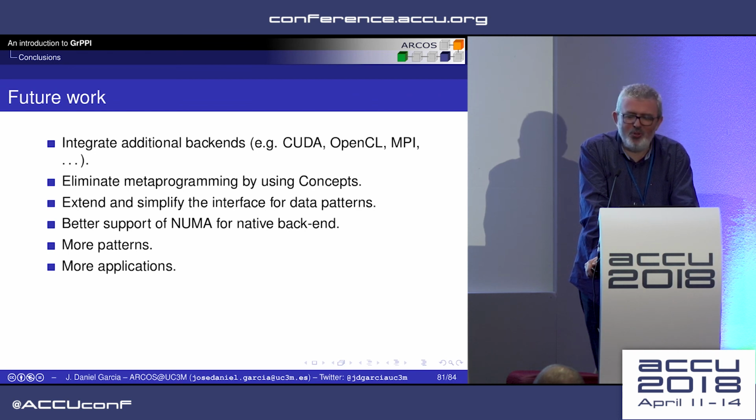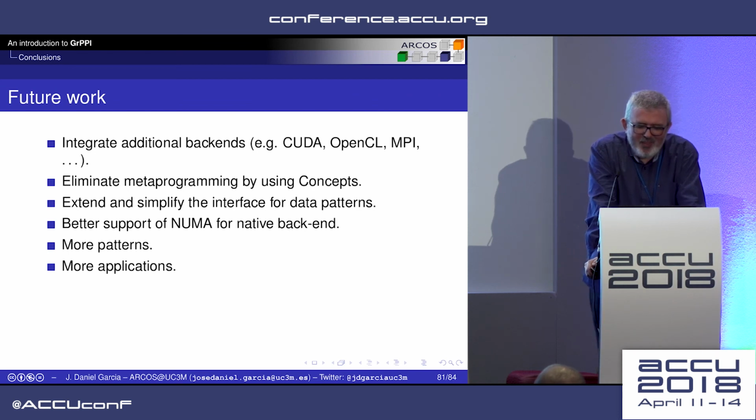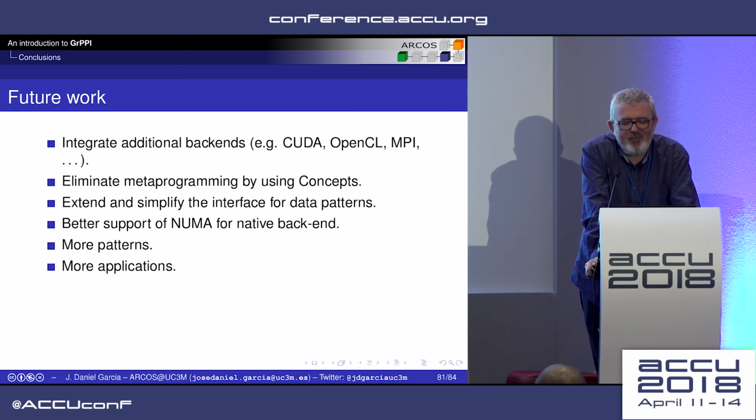At some point, we will do that. Extend and simplify the interface for some of the data patterns. I think we can do more things there to make things simpler and probably better alignment with the ranges library.